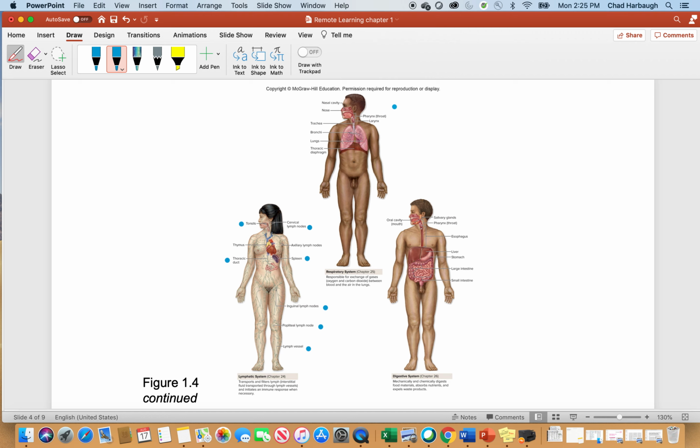The respiratory system is responsible for exchange of gases, oxygen primarily, and carbon dioxide between the blood and air in the lungs. Some of the conducting or some of the delivery structures would be the nasal cavity, then the nose, portions of the pharynx and the larynx.